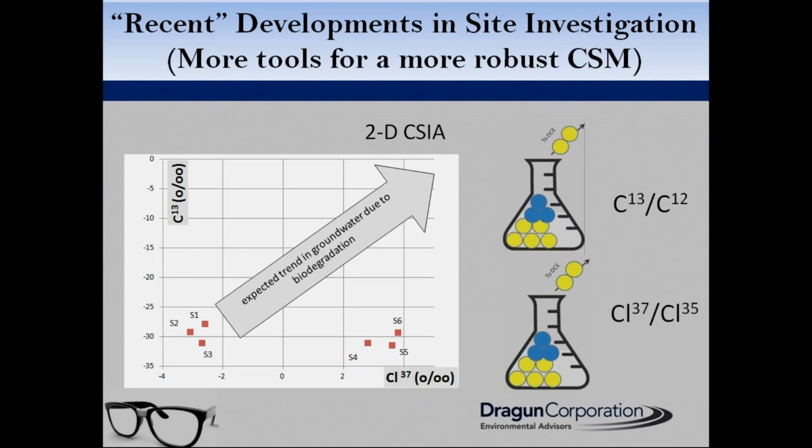And if you have a second source, this trend will change. And that's what you're looking for. You're looking to see if you have one or more sources, or you're looking to see if biodegradation is occurring in the groundwater flow direction, and you can use that in determining perhaps what you're going to do for remediation.